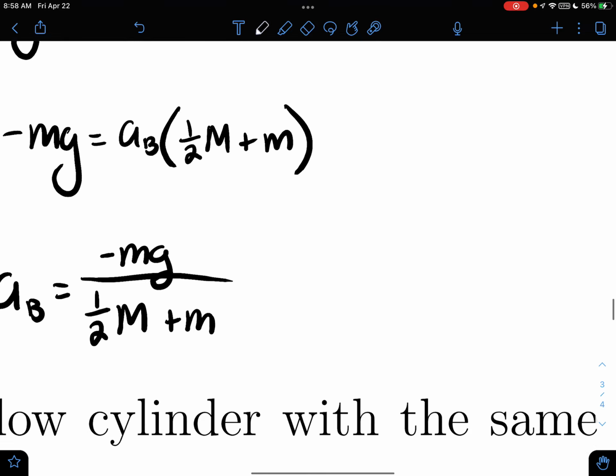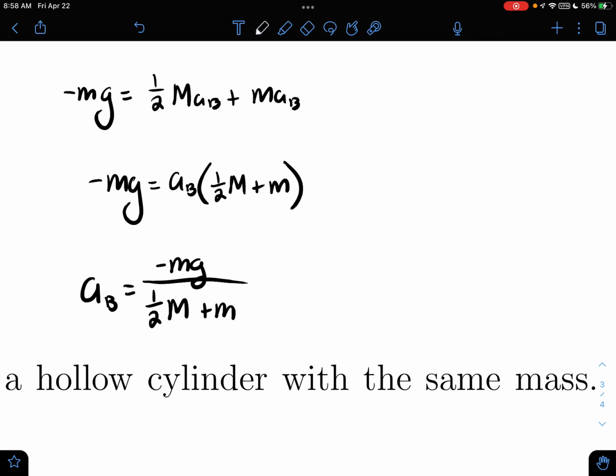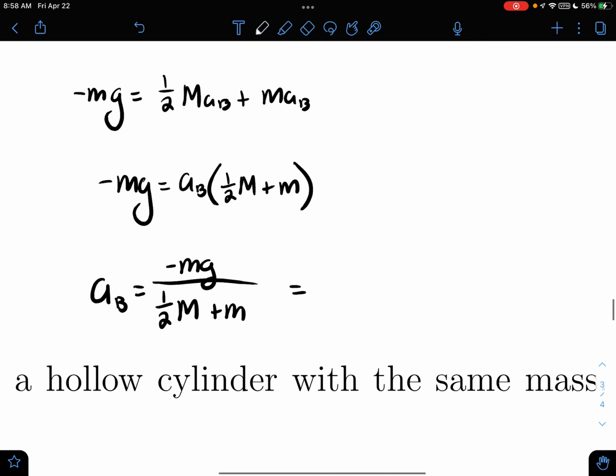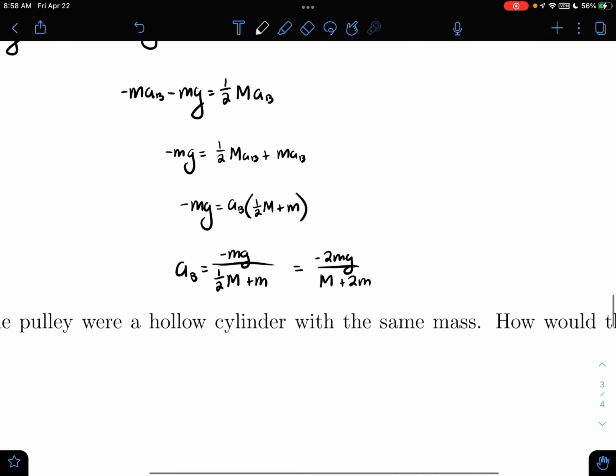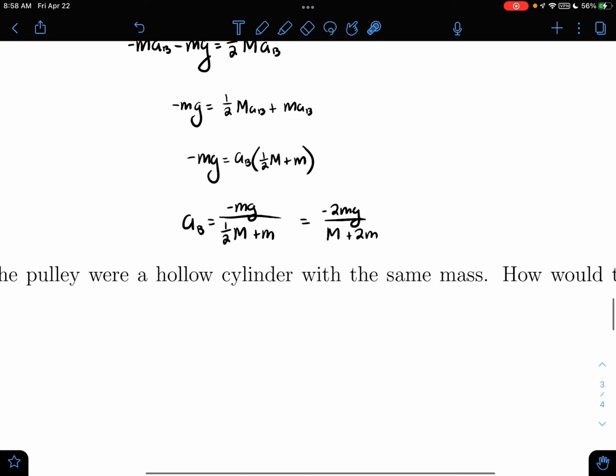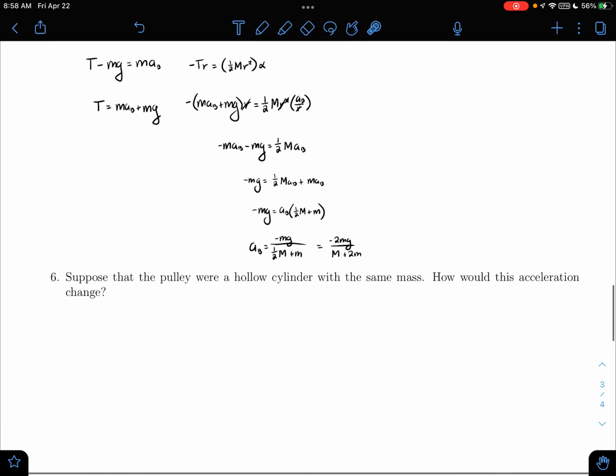Right? And just to make it a little prettier, I always like to multiply out this 2 and just multiply it on the top and bottom. Negative 2mg over M plus 2m. Right? Equal to the same thing. This one just looks prettier to me. Doesn't really matter. You can leave it either way.